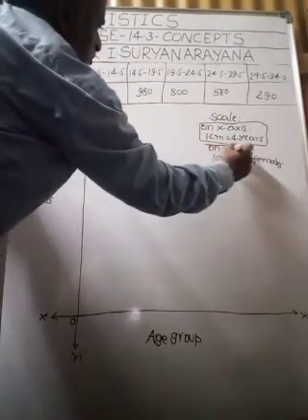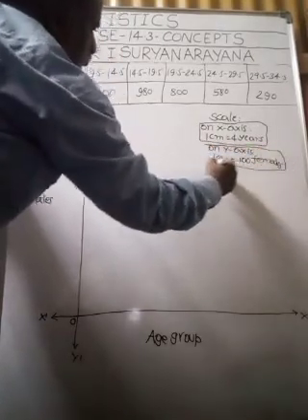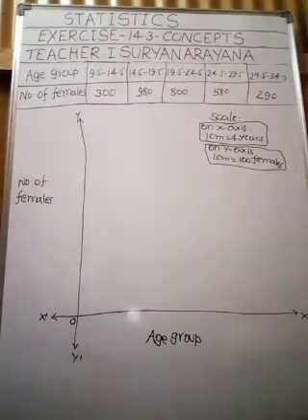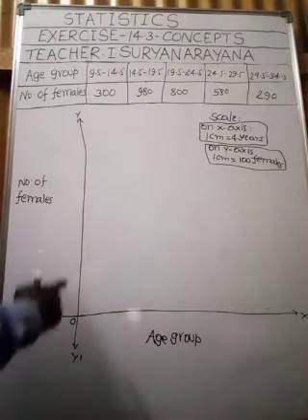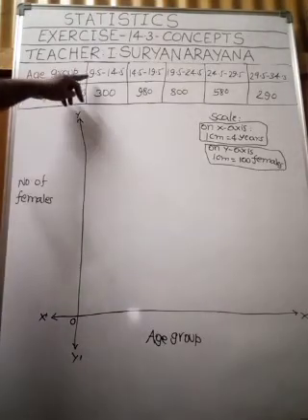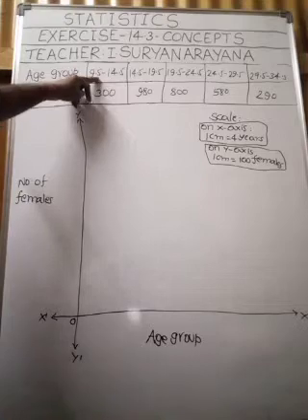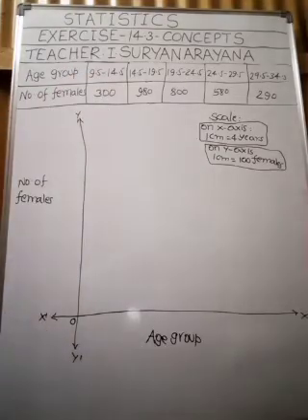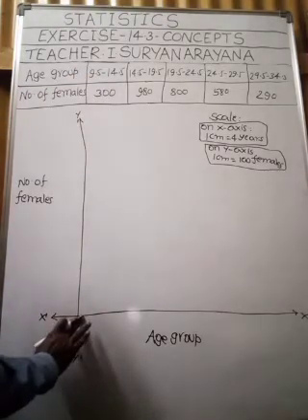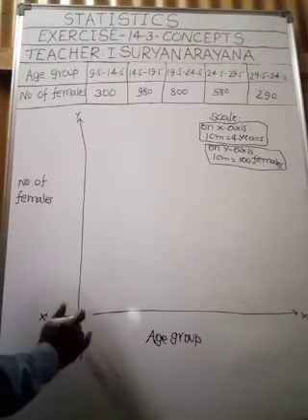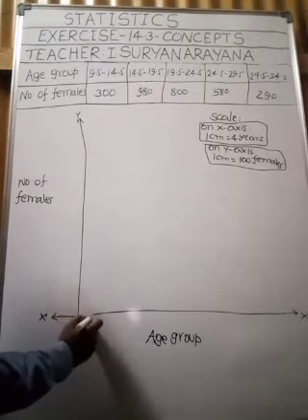Okay, my children. I'm taking like this on the y-axis. Now here, if you observe the first class, it is starting from 9.5, not from 0. As we have done, we have to draw a short break, like this.